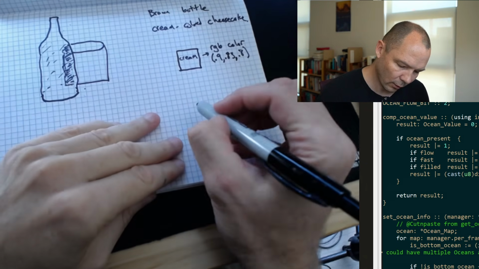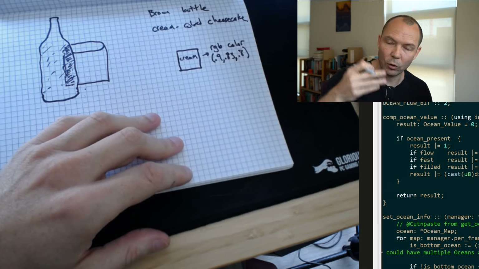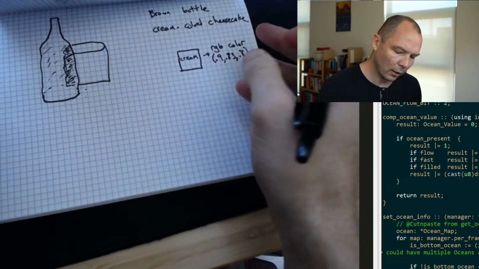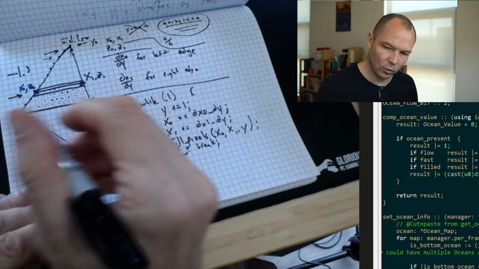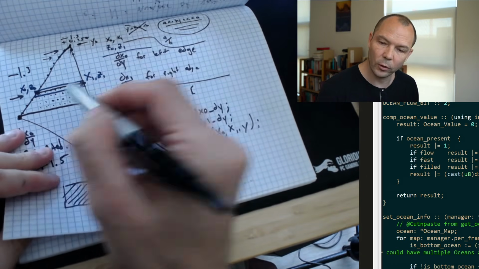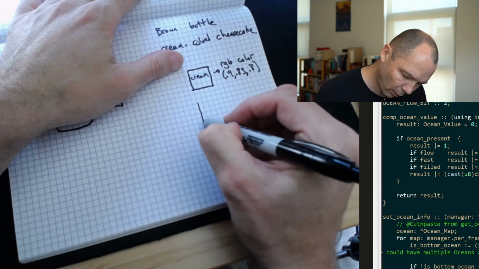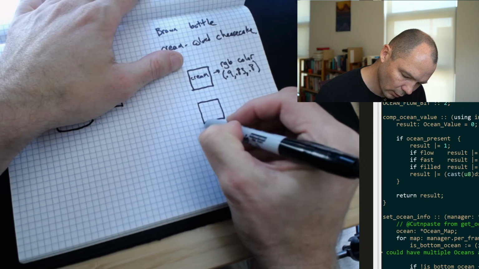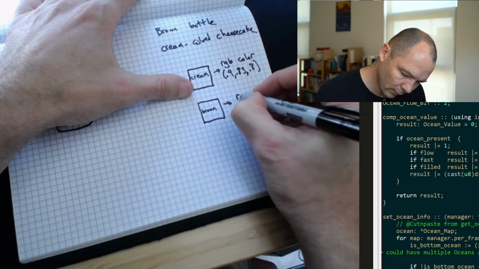Let's say if the brown bottle were completely opaque, if you couldn't see through it at all, then when we do this rasterization process, we would just stomp the old color with the new color. What's the new color for brown in RGB?